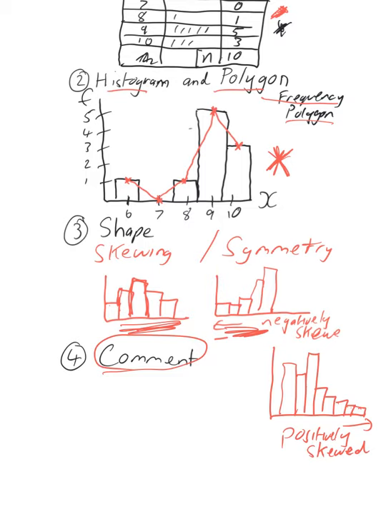So one of my comments would be to say that not only was 9 the highest, but there was only 10 scores altogether, half the scores were 9. Okay, that's one comment. You can make other comments. You can say 9 was the most common score. You could say there were no 7s. You could say 6 was the lowest score, and 10 was the highest score. Okay, that again is fairly open.